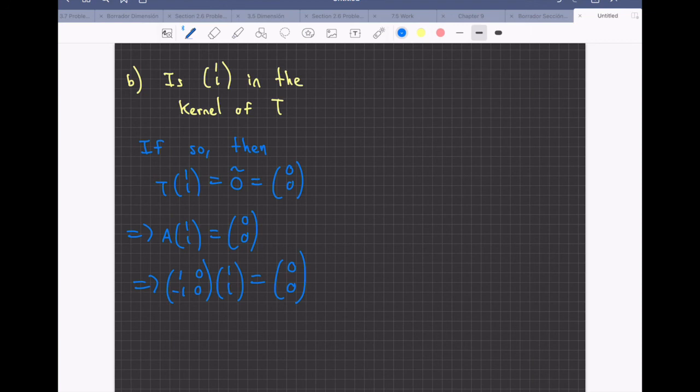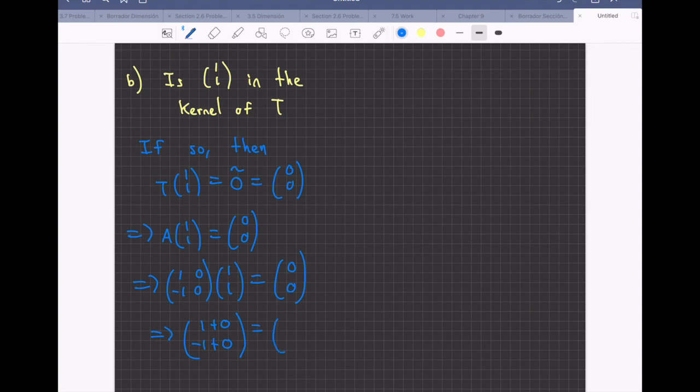So let's verify the computation here. Negative 1 times 1 is negative 1, plus 0 times 1 plus 0.